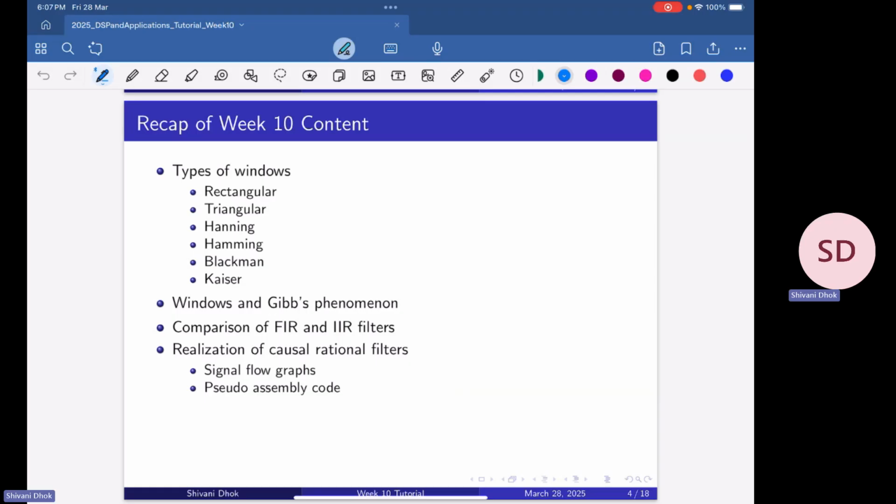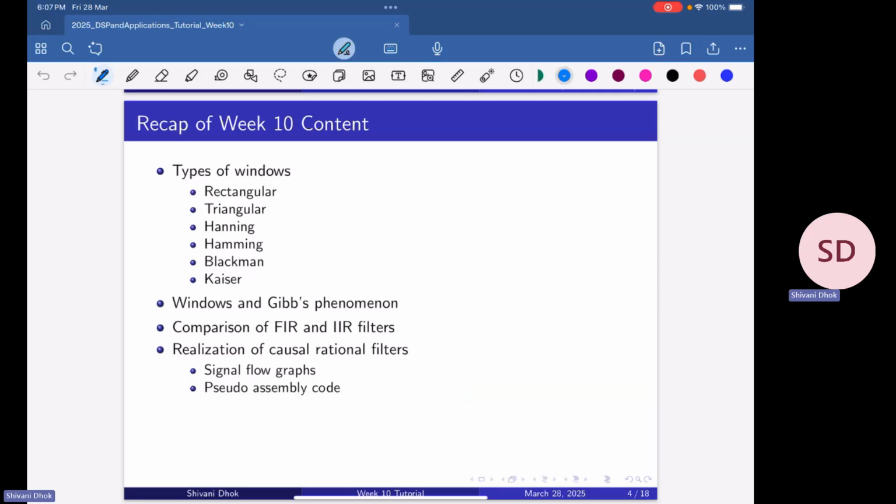We know the impulse response for the ideal filter is a sinc function, which is of infinite length, that is an infinite impulse response. But what we want is not infinite but finite. So what we do is truncate that response symmetrically, and that truncation is made with the help of windows.